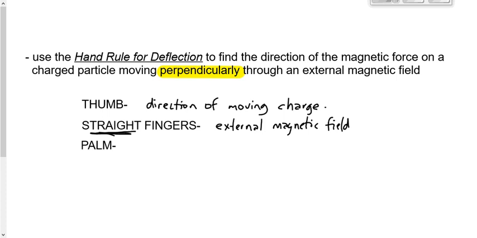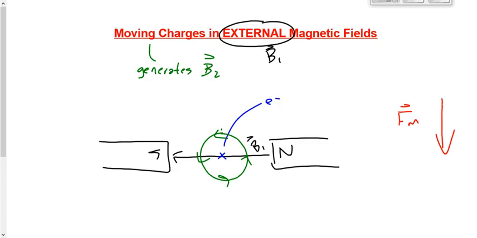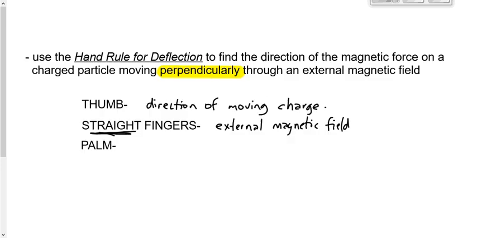Remember, there's 2 magnetic fields here. There's the magnetic field that was already there and the magnetic field generated by the moving charge. My fingers point in the direction of the black magnetic field here, the magnetic field that was already there, the external magnetic field. And my palm will always point automatically. I don't have to worry about where to point my palm because it will automatically point in the direction of the magnetic force on the particle.